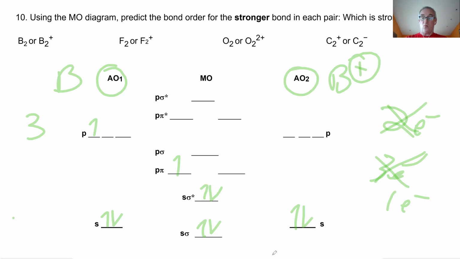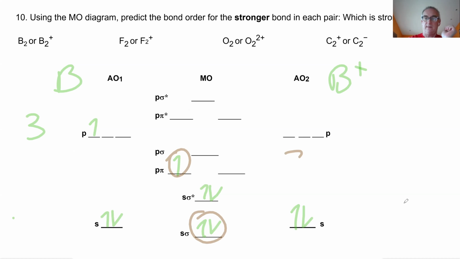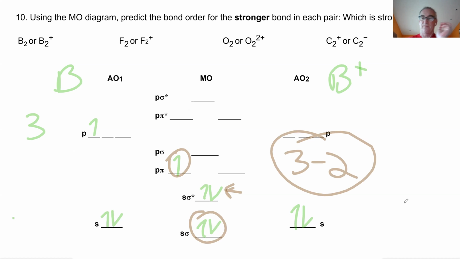Now it's a matter of figuring out what our bond order is. So let's do that. What would be our bond order here? So we figure out how many electrons do we have in bonding orbitals? 3. That's absolutely right. 1, 2, 3. So we have 3. And how many do we have in anti-bonding orbitals? 2. Those 2. Those naughty electrons. So that's our net number of bonding electrons. How do we determine the bond order?